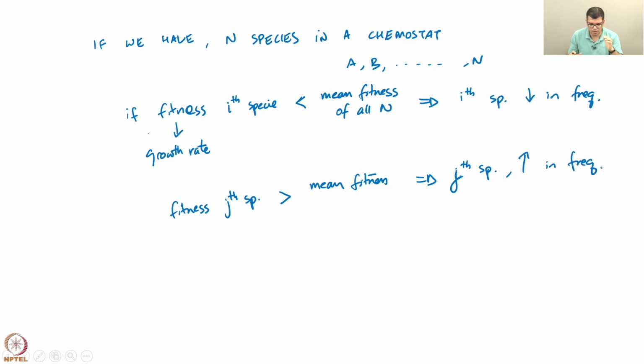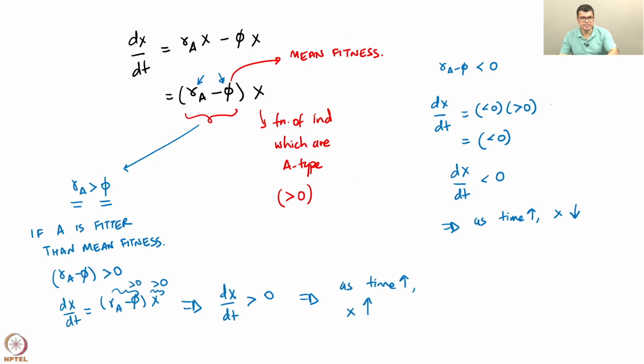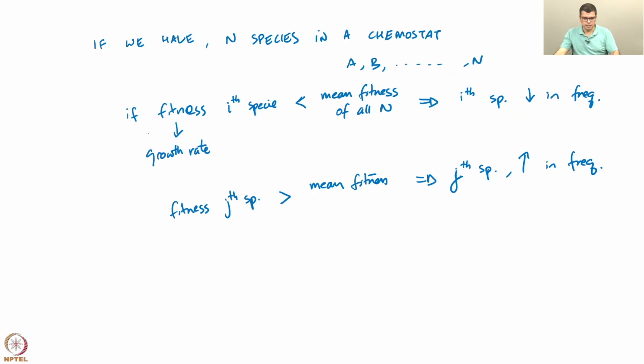And it is this simple rule that we must keep in mind, although we also have an exact mathematical framework in which we can understand this phenomena. But for our purposes, for the time being, we are interested in this qualitative understanding of when does a particular species increase in number and when does it start decreasing in numbers.